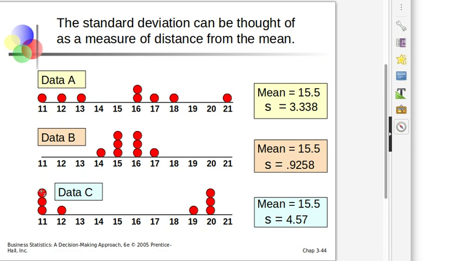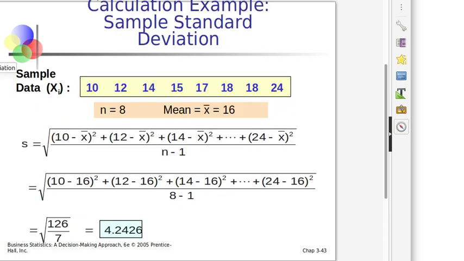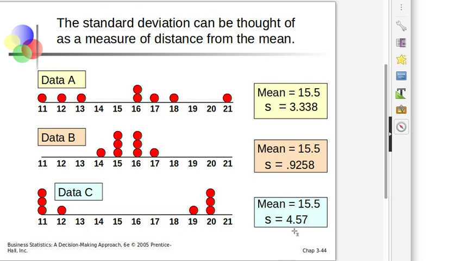If you add 3 11s plus 1 12 plus 1 19 and 3 20s, the mean would still be 15.5, but the standard deviation, they are very much spread out further, far from each other, because the standard deviation, if you apply this formula, is 4.57.